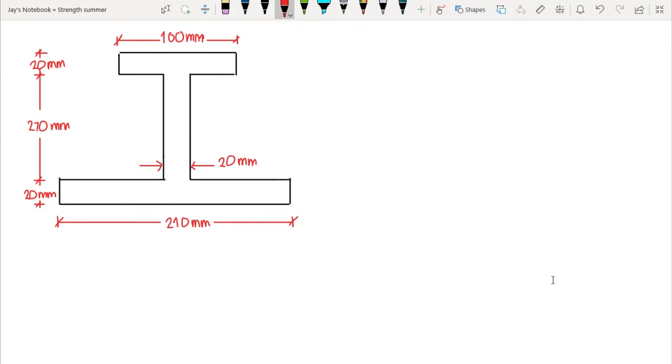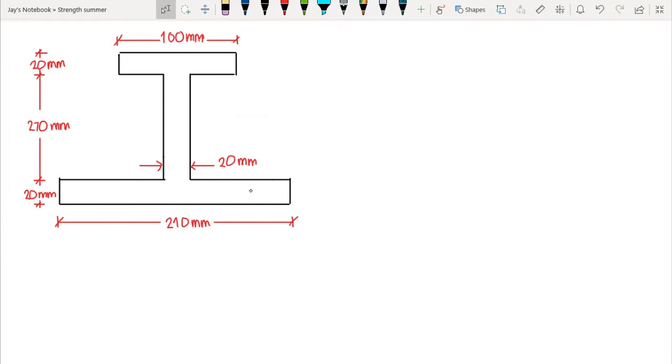Our goal here is to compute the inertia of this asymmetrical section, so that we could use the formula, flexural stress equal to Mc over I. So this I here should be computed. So we have this I-beam. Now this one is our flange and this one is our web. That's the part of our cross-section of an I-beam.